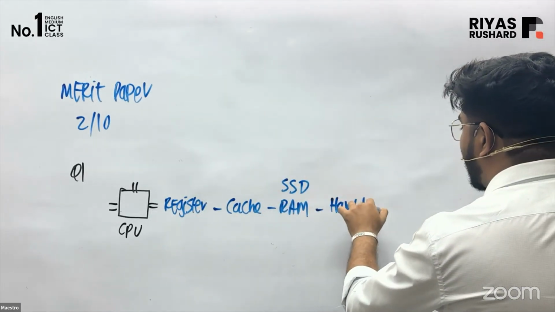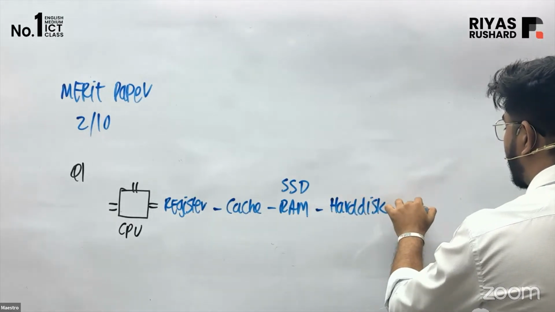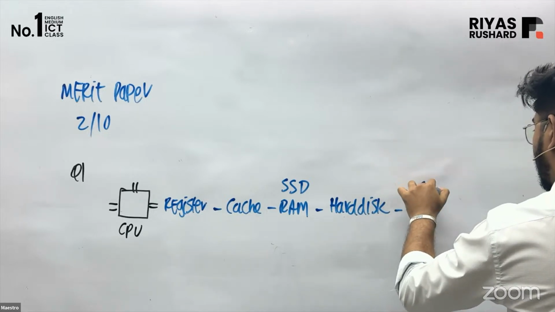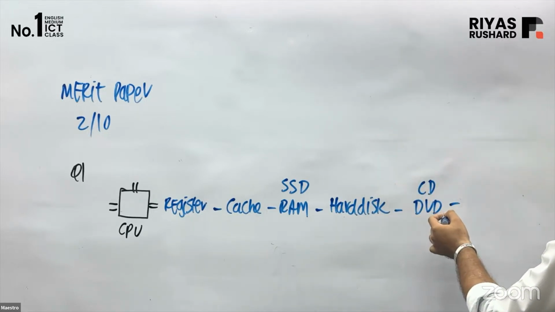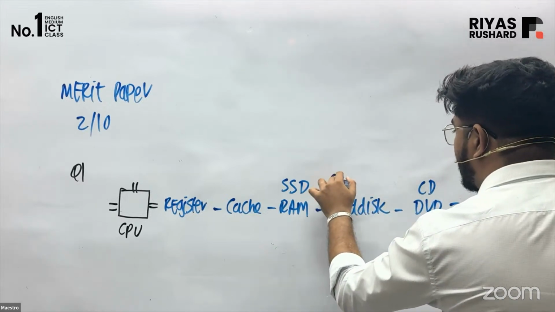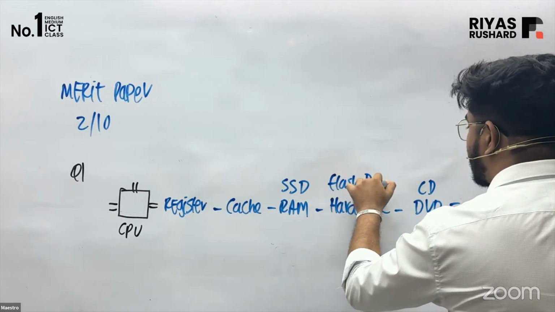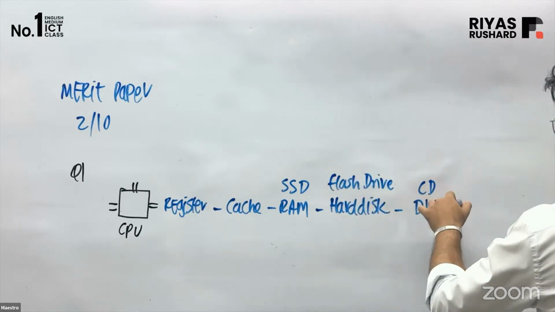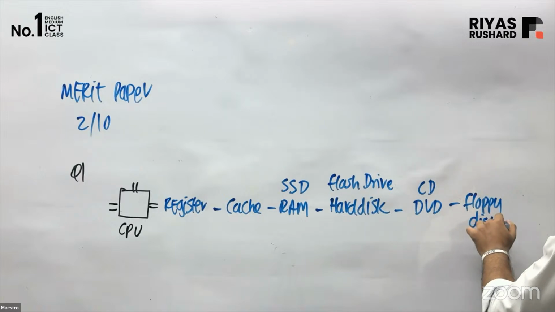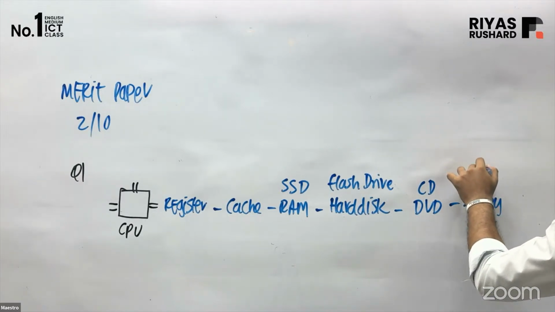We do have the hard disk, and then the DVDs and CDs. Most of the time flash drive comes in the same pattern. And then we go for floppy disk and also the magnetic tapes.